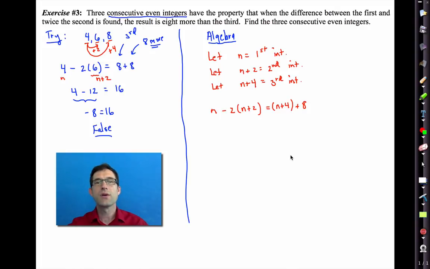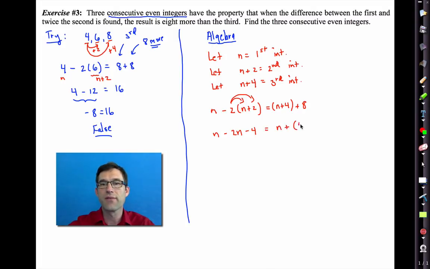All right, so let's take a look at this. We can use the distributive property now to distribute the negative 2, and it's important that we distribute the negative 2, so it'll be negative 2n minus 4. Here we're just going to use the associative property to rewrite this side of the equation as n plus 4 plus 8, right?